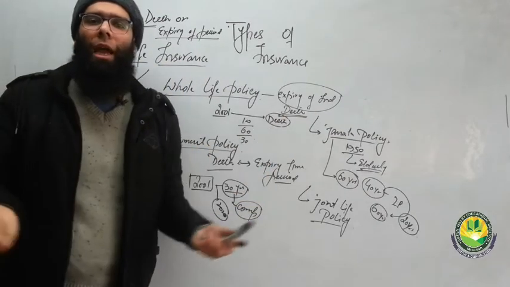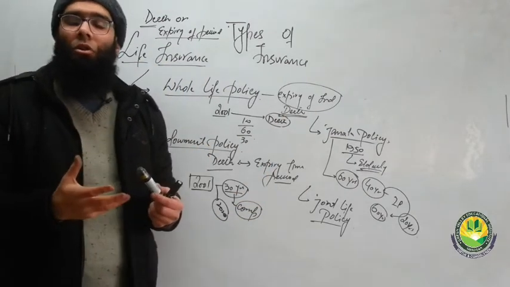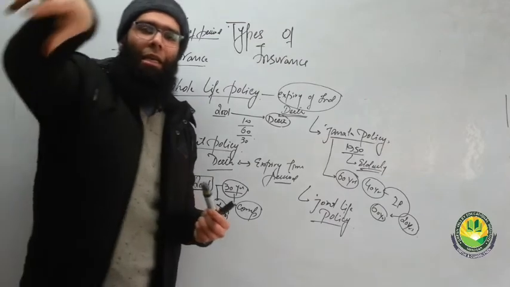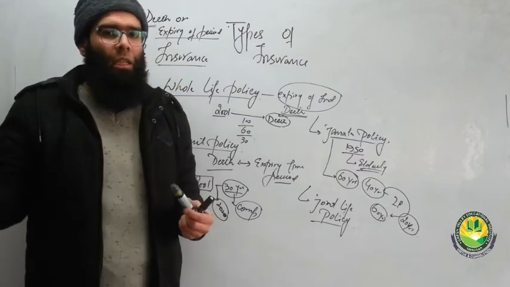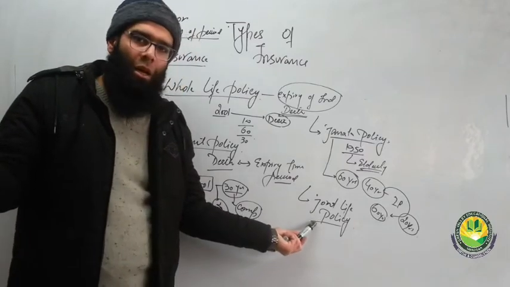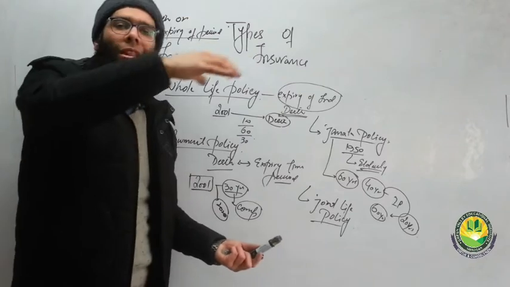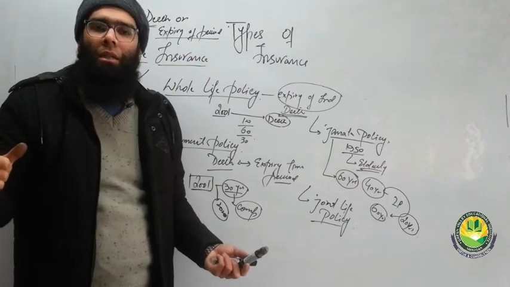So collectively they might have 8 policies. But what joint life policy does is that they will collectively take up the policy. So the father will take up a joint life policy, or joint family policy, and all the family members will be covered in this policy.